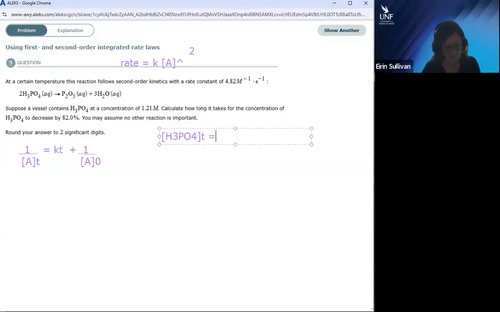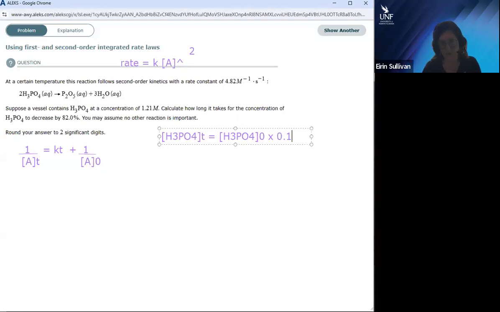So that means it is going to be 100 minus 82. It's 18% of the initial concentration. So I can just multiply my initial concentration of H3PO4 by 0.18.